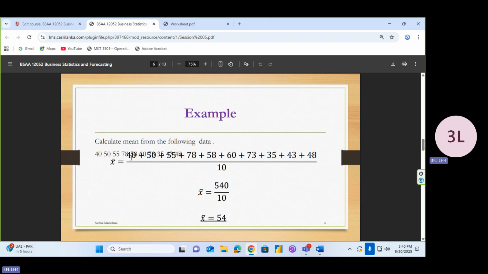Then you enter the second number, again press M plus. The second number is 50. Then you enter all the data with M plus. The third number is 55.